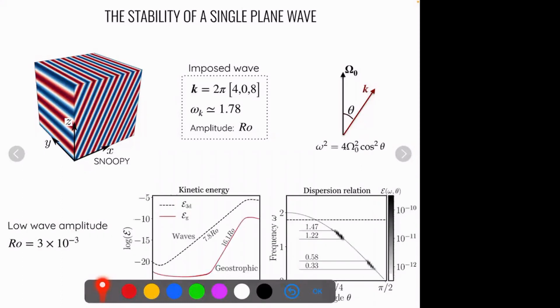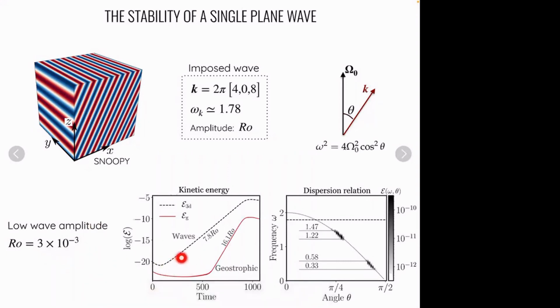And if you do that with a quite small wave amplitude, you see that 3D perturbations grow exponentially. That's the kinetic energy as a function of time. Whereas geostrophic modes grow later, with a growth rate that is twice the growth rate of the three-dimensional perturbation. And if you look at the energy as a function of frequency and angle, you see those two patches of energy that are along the dispersion relation.